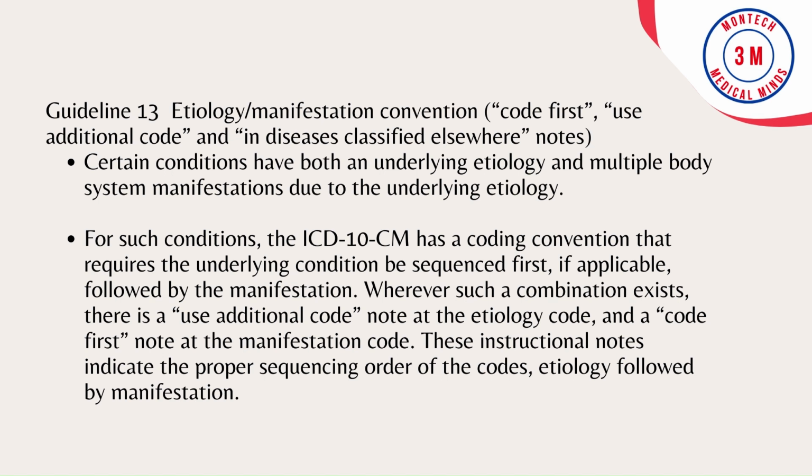For such conditions, the ICD-10-CM has a coding convention that requires the underlying condition be sequenced first, if applicable, followed by the manifestation. Wherever such a combination exists, there is a use additional code note at the etiology code, and a code first note at the manifestation code. These instructional notes indicate the proper sequencing order of the codes, etiology followed by manifestation.